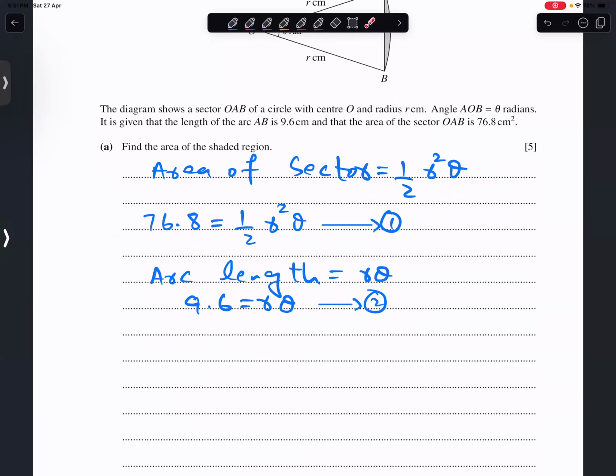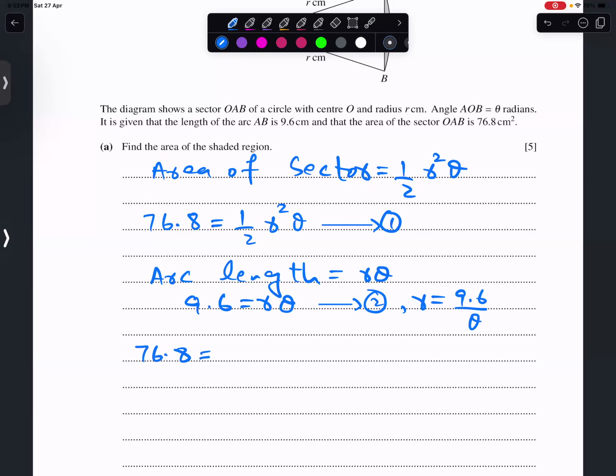So we can find the value of r in the above equation. So r from this equation will be 9.6 over theta, or you can make theta the subject, it doesn't matter. So 76.8 is equal to 1 over 2 times (9.6 over theta) whole squared times theta.